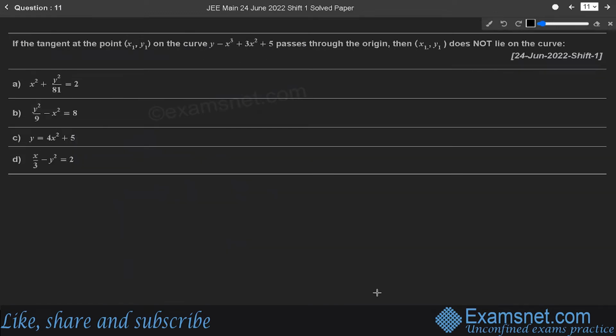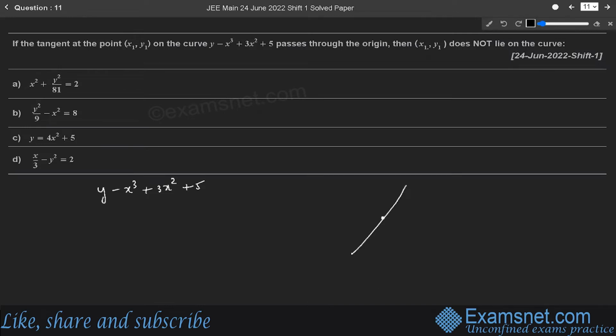If the tangent at the point (x1, y1) on the curve y equals x cube plus 3x square plus 5 passes through the origin, then (x1, y1) does not lie on the curve. So let us understand the curve first. Let this be the tangent for the curve.